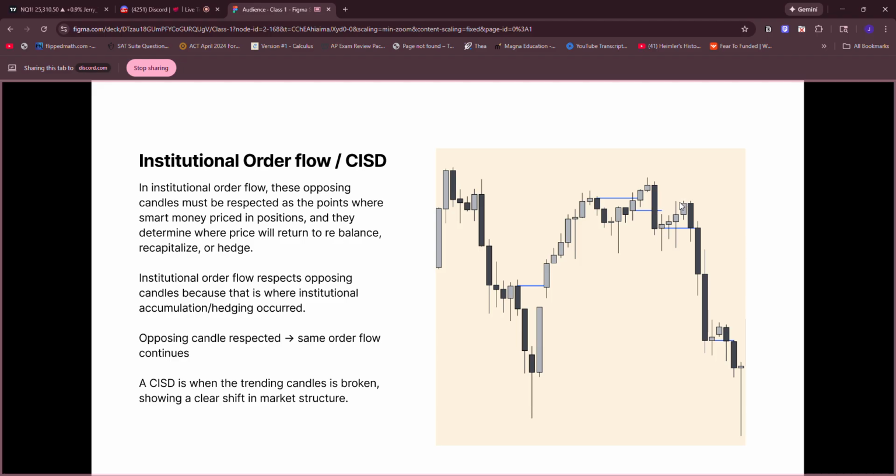As we move lower, you can see how up close candles are being used as resistance, right? As we come up, we come lower, we close below it, right? And then we move lower. And as you can see, consistently up close candles in a downtrend are being respected, and we move lower. So that's basically institutional order flow.